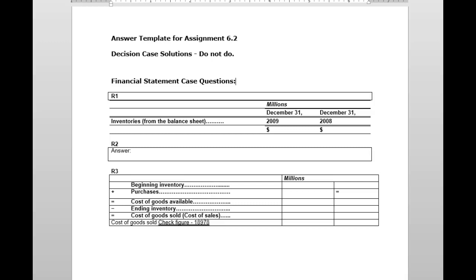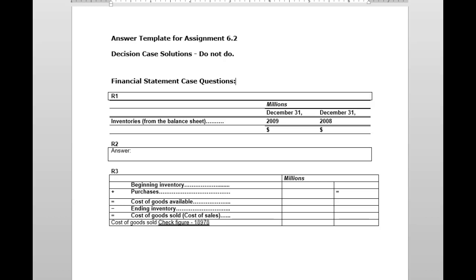Okay, here we are. Last overview for inventory, and we're going to look at Amazon's financial statements, the report, to kind of help you see how this is really used in real life. Questions that we're going to ask are, number one, how much was their merchandise inventory on December 31st, 2009, and then 2008?